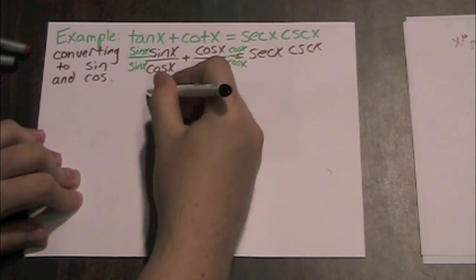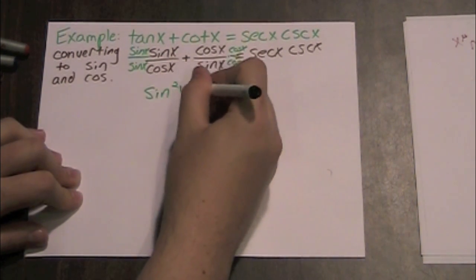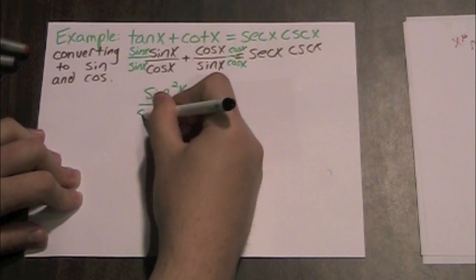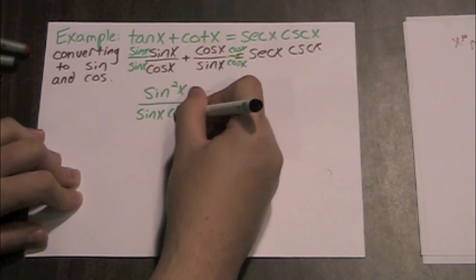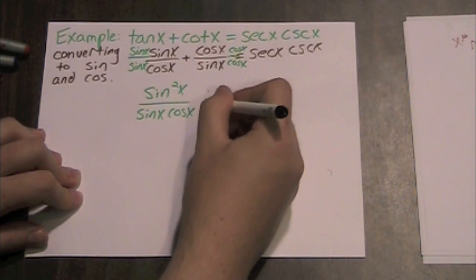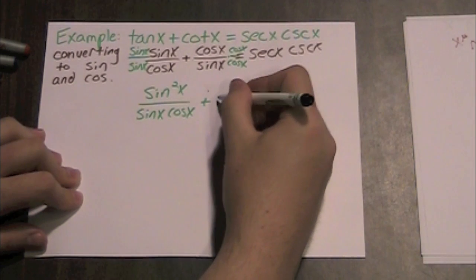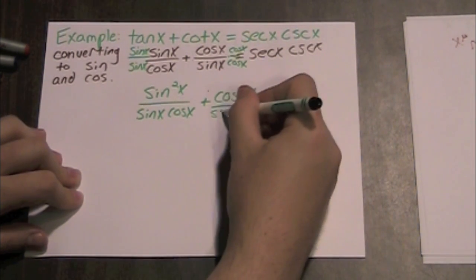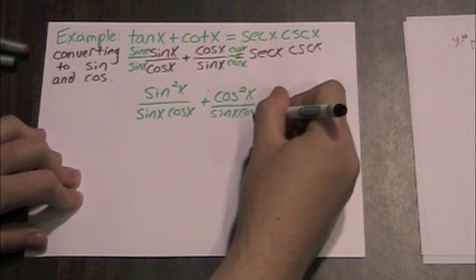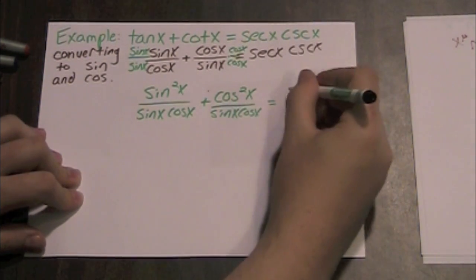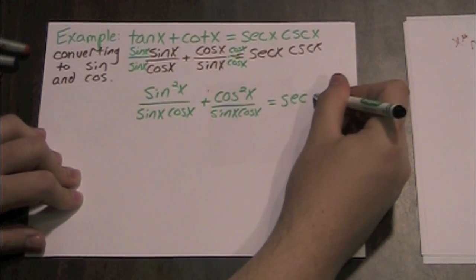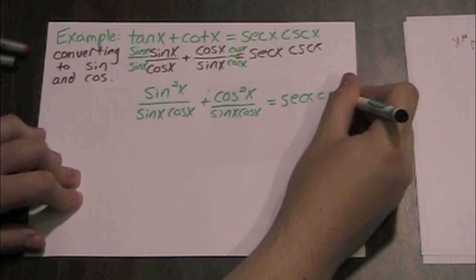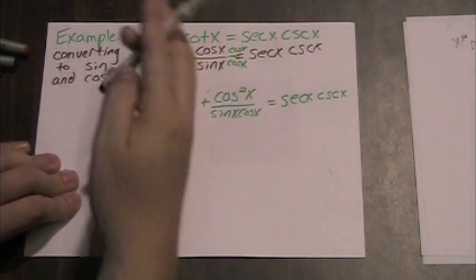The left fraction turns into sine squared of x divided by sine x cosine x. The fraction on the right turns into cosine squared of x divided by sine x cosine x. And as always, we're left with exactly what we started with on the other side.